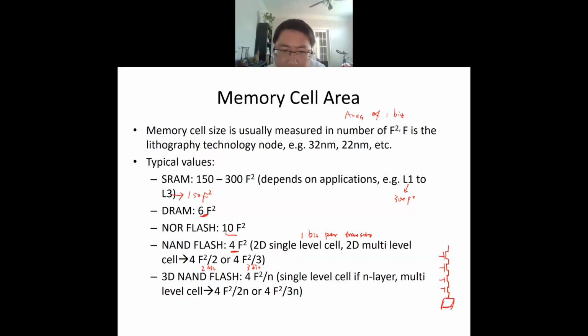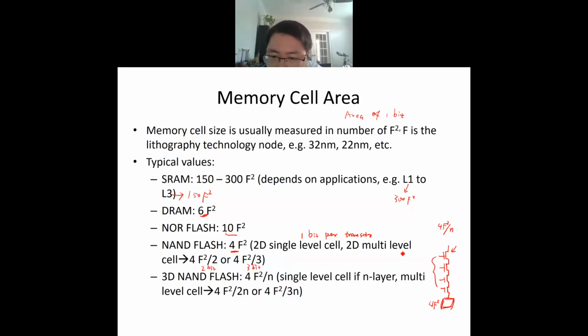This 2-dimensional space here is like 4f squared. But you can have multiple transistors built up vertically occupying this 4f squared. So equivalently, each transistor will only occupy 4f squared divided by n if you have n layers of those transistors.